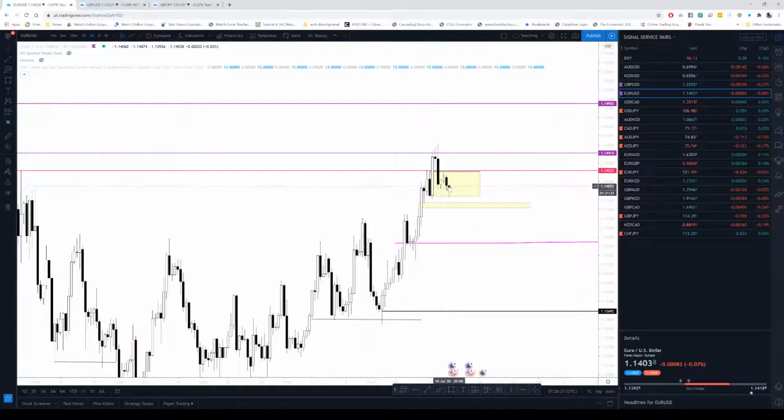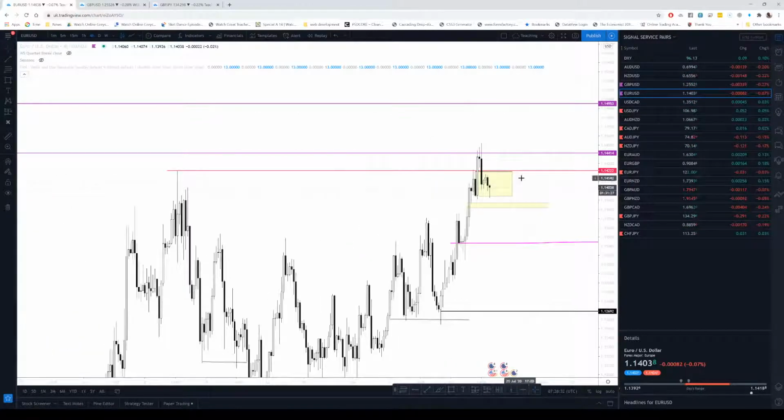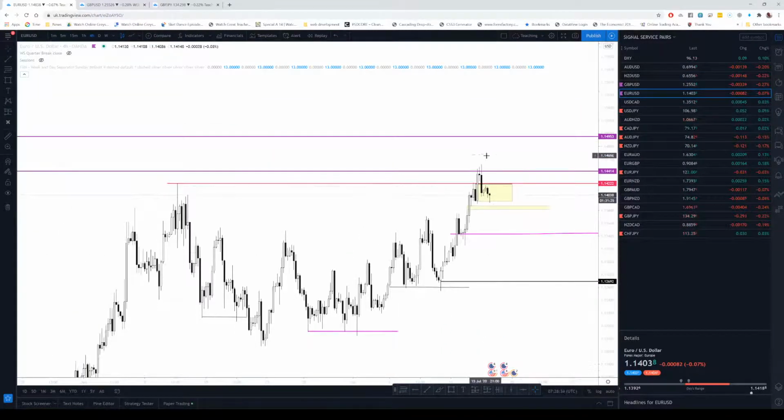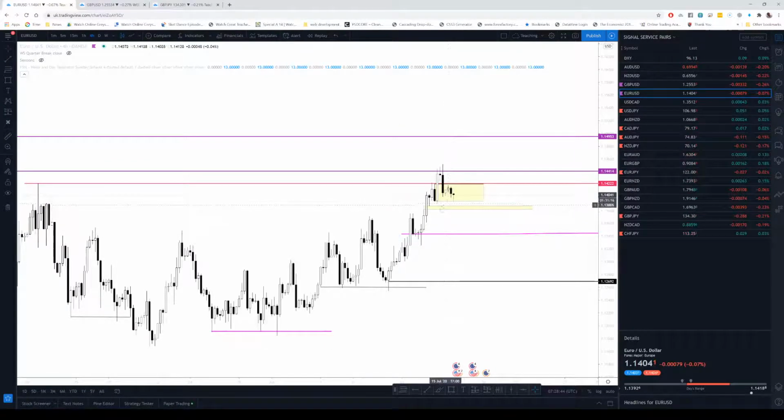I would have liked price to come here and then a rejection for a continuation to the upside. This pair is still bullish. The structure on this is different from the structure on the pound. This is still bullish. It could just have come down here and it's giving a rejection to continue going up.